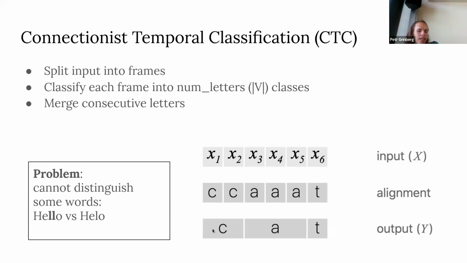We can merge them and get cat instead of CCAAT. The problem is, what about hello? If we merge all consecutive letters, instead of hello we would get helo, with one L. So we need to distinguish whether we merge two consecutive letters or not, since these two consecutive letters look exactly the same but are different in our final output. So how do we do it?